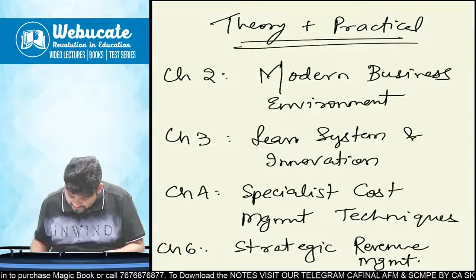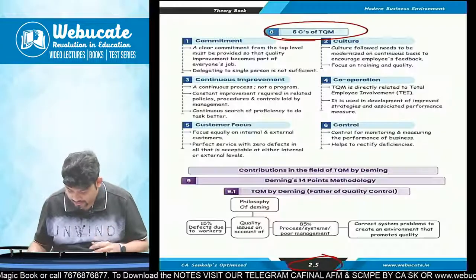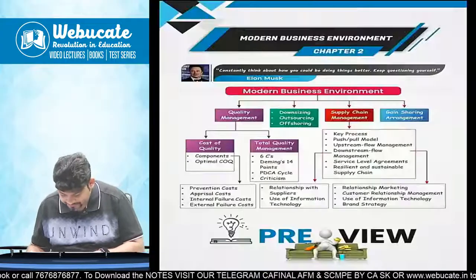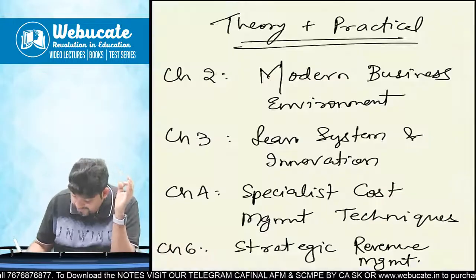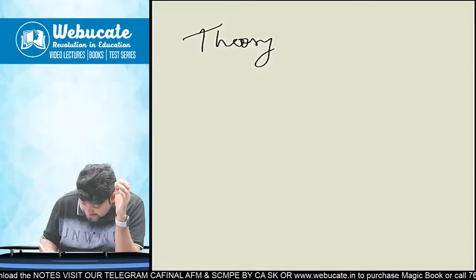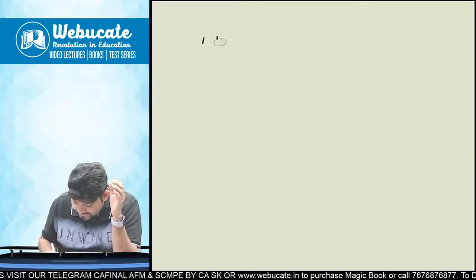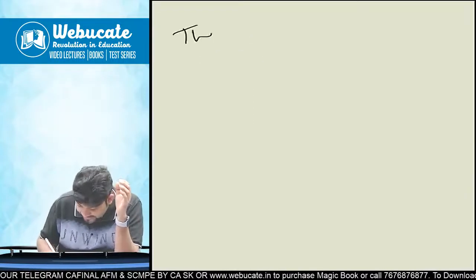So obviously the first thing that you would want is whether the book covers everything. But obviously, the theory book is exclusively based on the ICAI module. All right guys, so theory is exclusively based on the ICAI module.